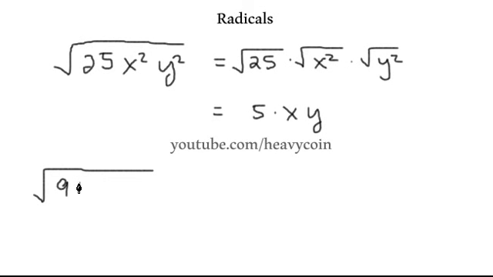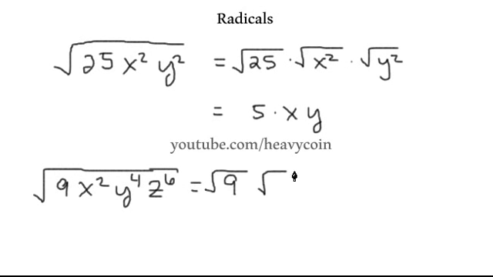Let's look at another. We have 9x squared y to the 4th and z to the 6th. So we're going to have the square root of 9, the square root of x squared, the square root of y to the 4th, and the square root of z to the 6th.